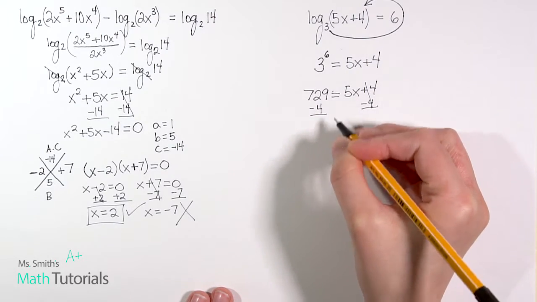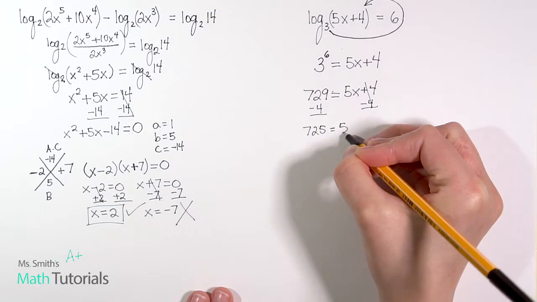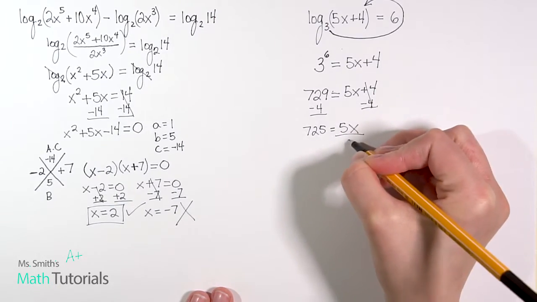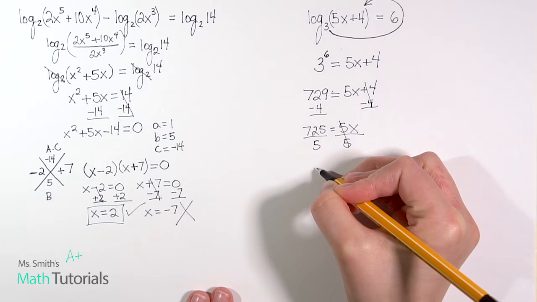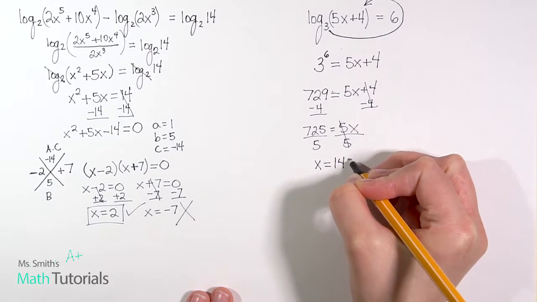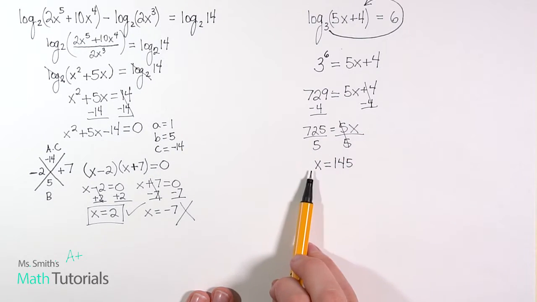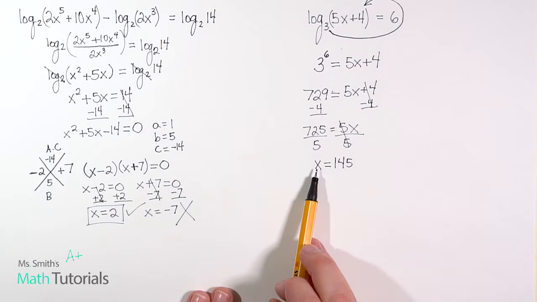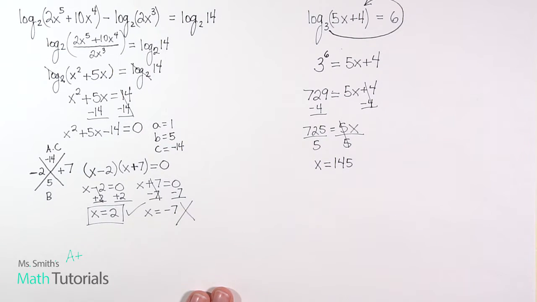That would give us 725 equals 5x. And of course, we'd want to divide by 5 to get our x alone. And we get x equals 145. Notice I just switched them. That's fine. That's just a habit of mine. I like seeing the x first. And we're allowed to do that. 725 divided by 5 is 145.